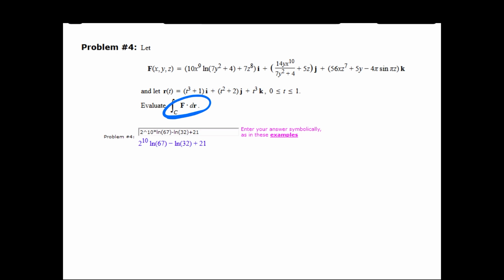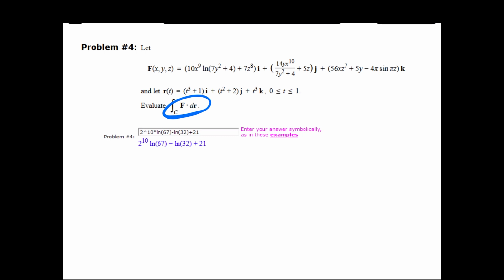So what are we looking to do? Well, okay. We can, and I'm trying to phrase this in my head too, we can calculate the gradient to see if this is conservative or non-conservative.